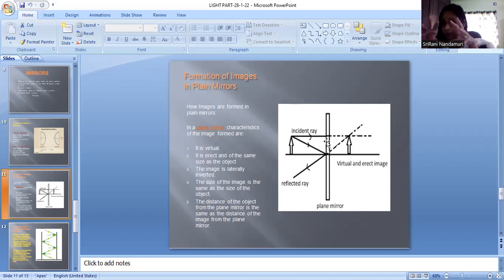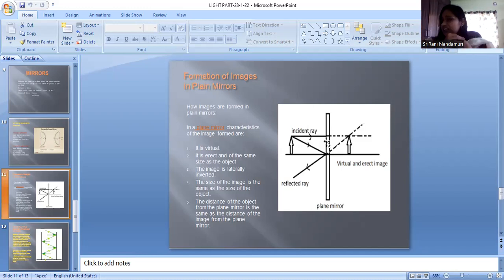Simply remember the point where the incident ray and the reflected ray meet at one point. All these rays meet at a particular point, somewhere behind the mirror or in front of the mirror.